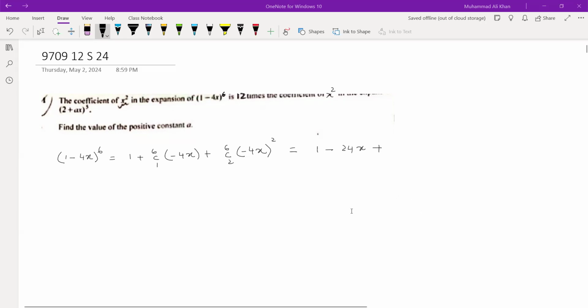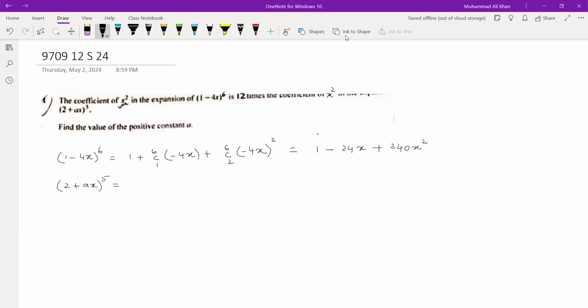It is 240x squared. Now, after that, the second thing is (2 + ax)^5.